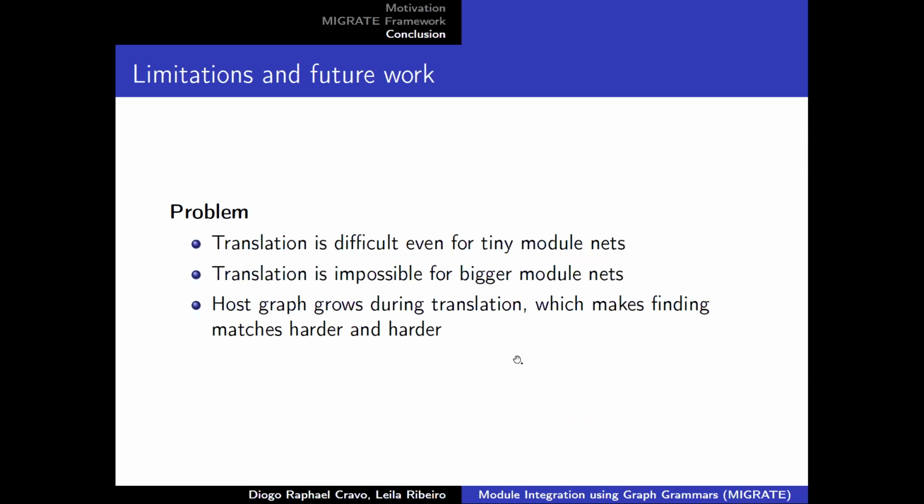Another problem is that the translation is difficult even for tiny module nets, because the host graph grows during the translation, as I've shown earlier. And this makes the problem of applying the translation rules harder and harder as the translation is carried out.